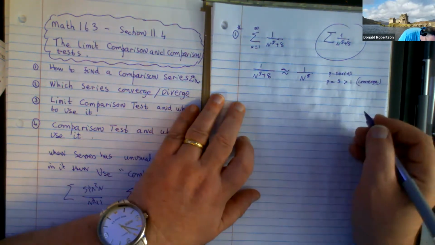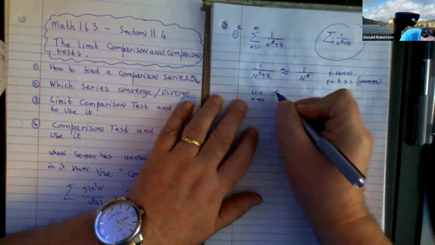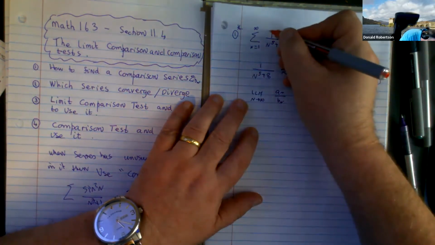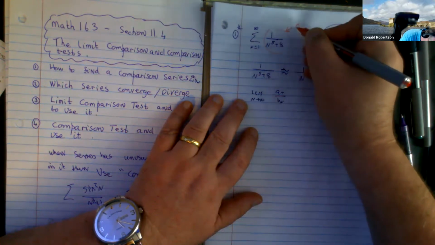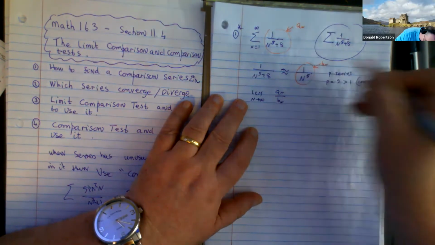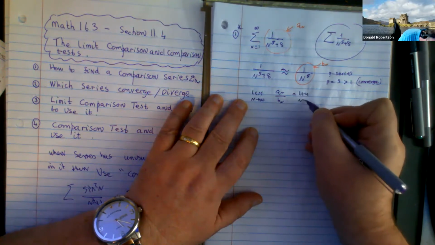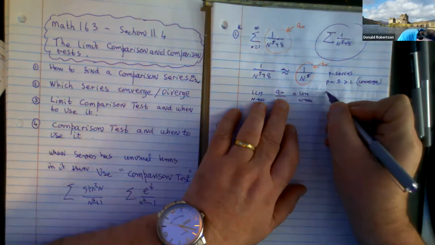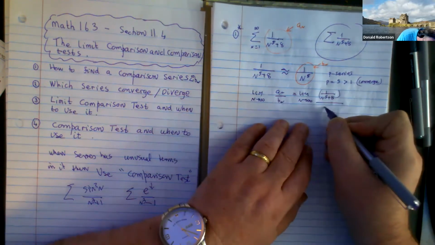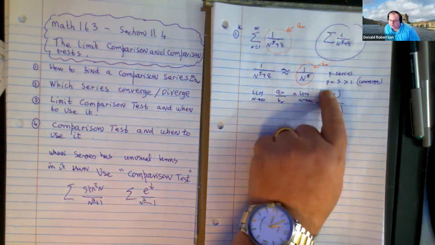So we now move on to the limit as n tends to infinity of an over bn. This guy here is an, and this guy here, the comparison guy, is bn. So you're going to be looking at the limit as n tends to infinity of an divided by bn. And it's not uncommon to get fraction divided by fraction.